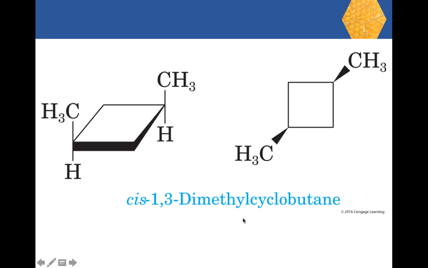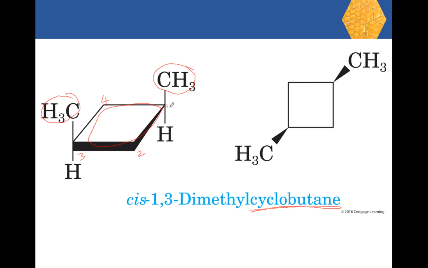Here's another example. So here this is a cyclobutane. Let's see, why is it a cyclobutane? 1, 2, 3, 4. And it's in a ring, so therefore it's a cyclobutane. There are two groups, a methyl here and a methyl here.